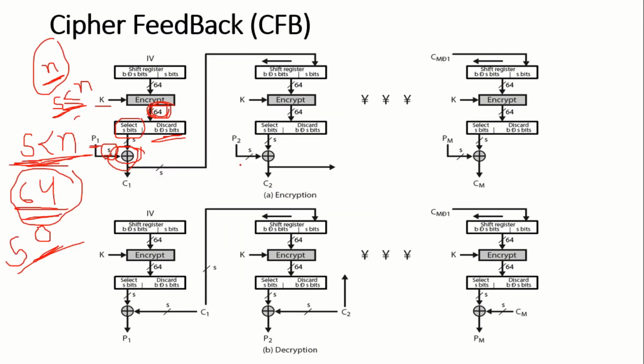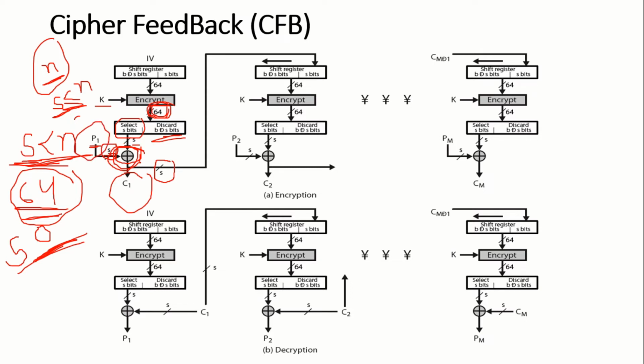As a result we get our first cipher block, which will be S bit long. Because both inputs here were S bit long, the length of this will also be S, that is 50 bits. So now we have the output for the first step, which is C1, the first cipher block corresponding to P1.